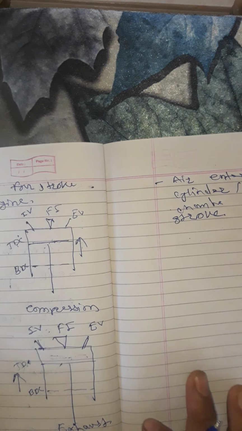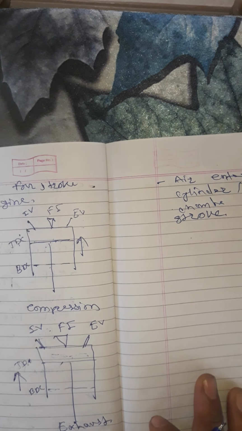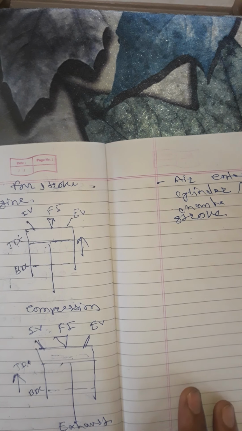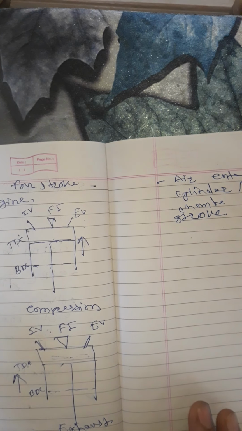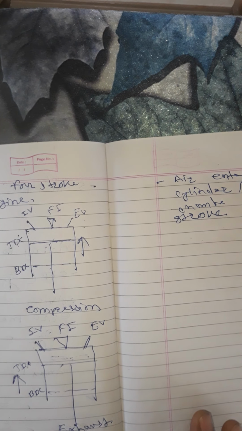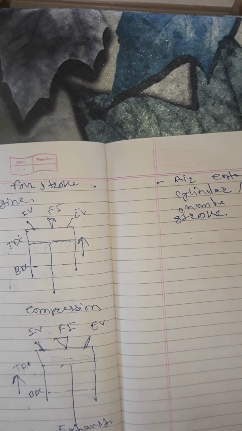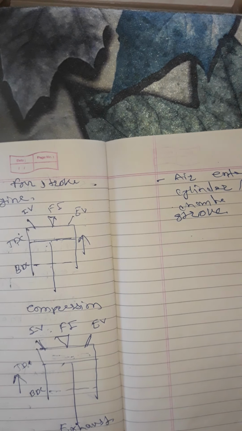This question will be asked for 7 marks or 5 marks. Very simple question, right? One of these, that is the working of the 4-stroke diesel engine or the working of the petrol engine, will be asked in your examination. This is a very important question. Or the difference between the 4-stroke diesel engine and the 4-stroke petrol engine may be asked.